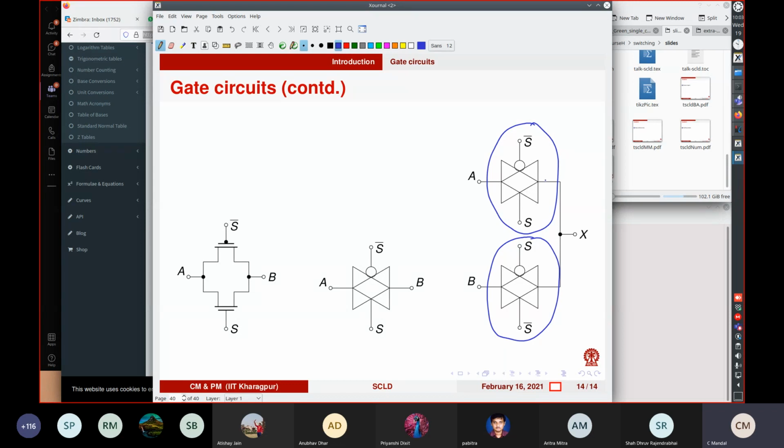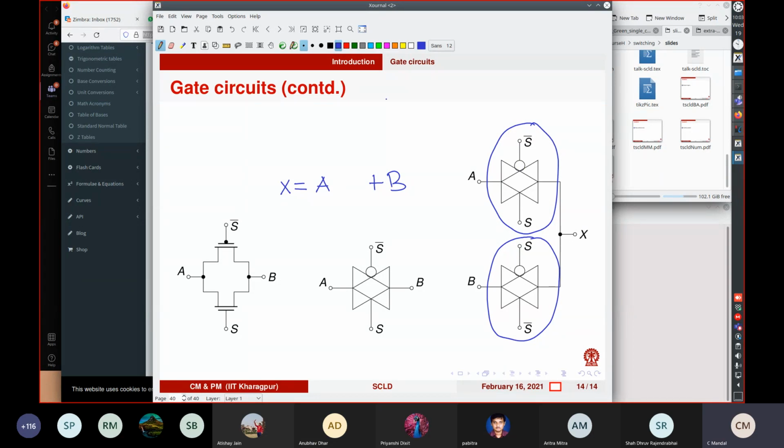So what is the value of X? Can you write down the value of X? When does it transmit? When will it transmit A, when S is high or S is low? Yes, when S is high.